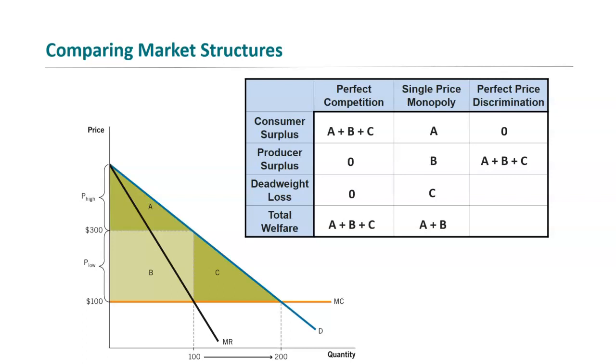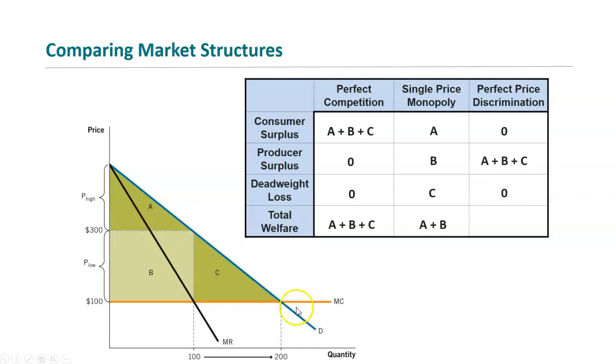And now what about deadweight loss? Again, there is none. We actually have the exact number of transactions occurring under perfect price discrimination as we would under perfect competition. So remember, deadweight loss happens when we have the wrong number of transactions occurring, right? If we did something like the monopolist, charged too high of a price and stopped our transactions early or something like that.